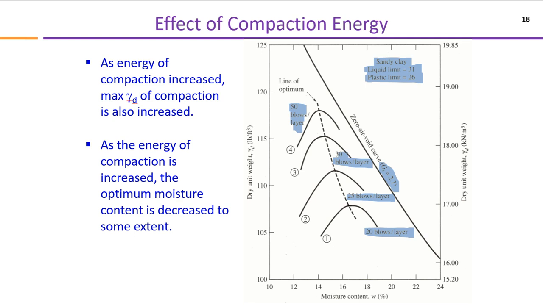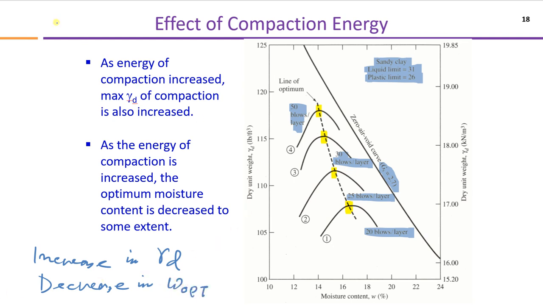So what is happening as we increase the energy? As we increase the energy, the maximum density is increasing, and the optimum water content is decreasing. There is an increase in gamma d, and there is a decrease in the optimum water content.